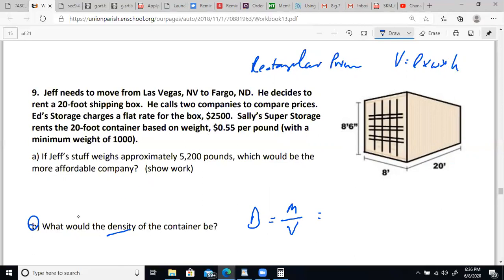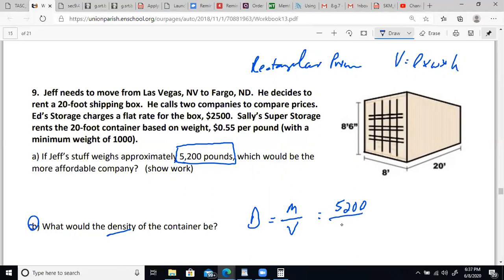Oh, yeah, this is where I kind of messed up. We can really only do B based on what they said in letter A. I can't really skip A. So it's a 5,200 pound container here. I needed to use that in the formula. So the mass is 5,200 pounds.